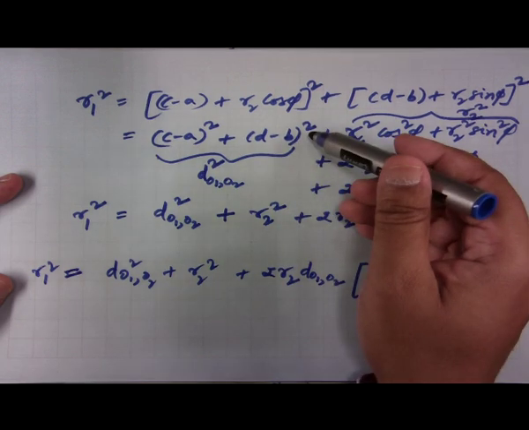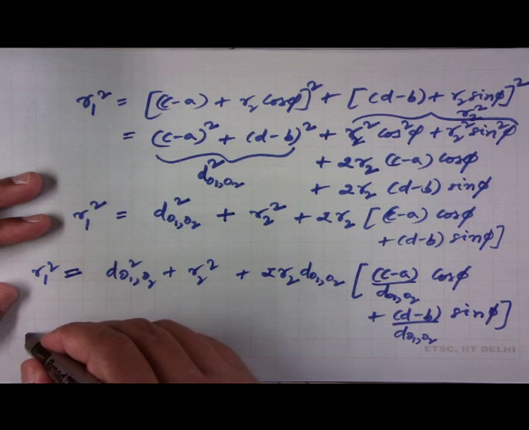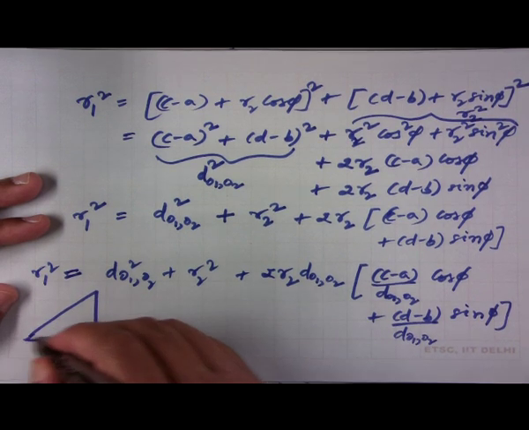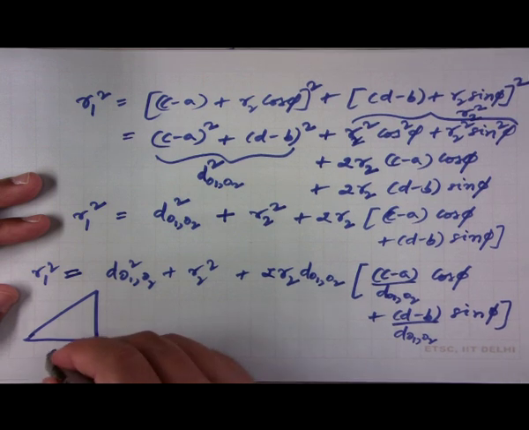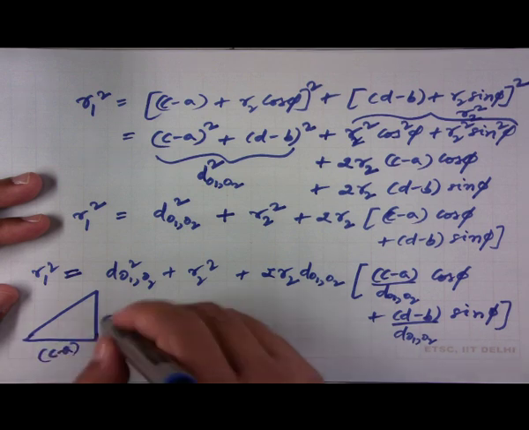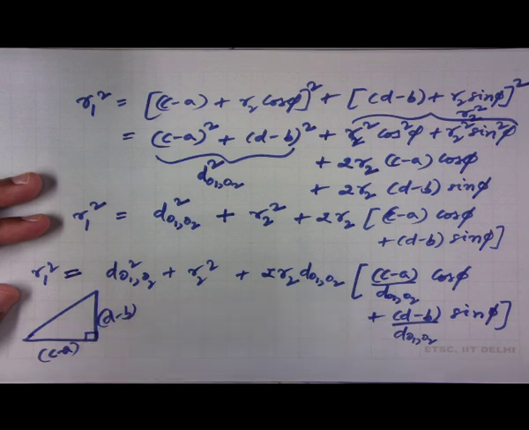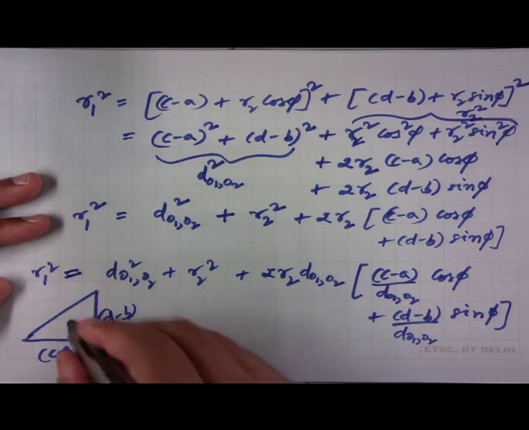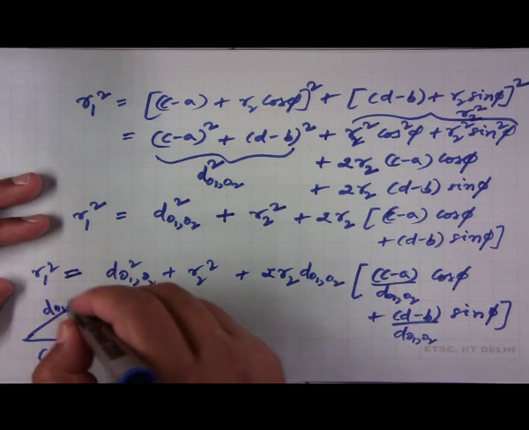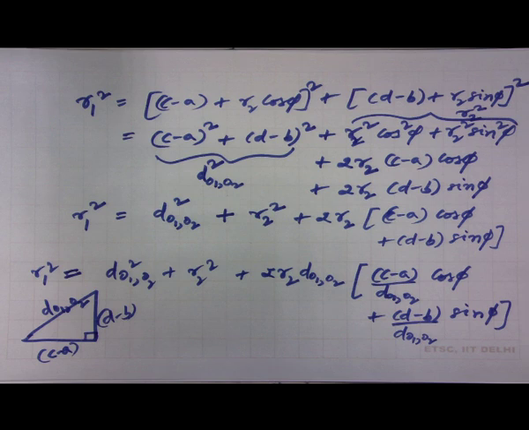Now, we know that d O1 O2 square is c minus a whole square plus d minus b whole square. So, essentially we have a right angled triangle whose hypotenuse is of length d O1 O2, and the other two sides are c minus a and d minus b.